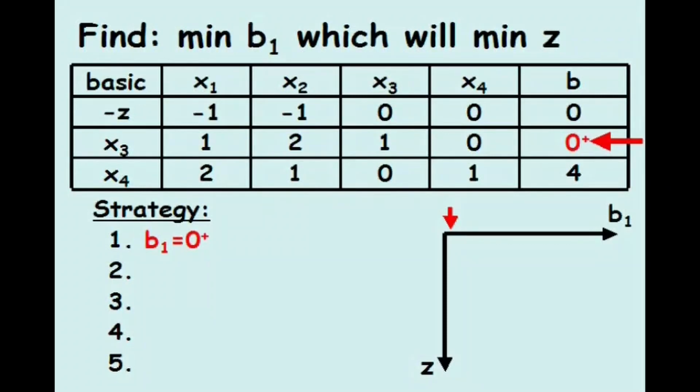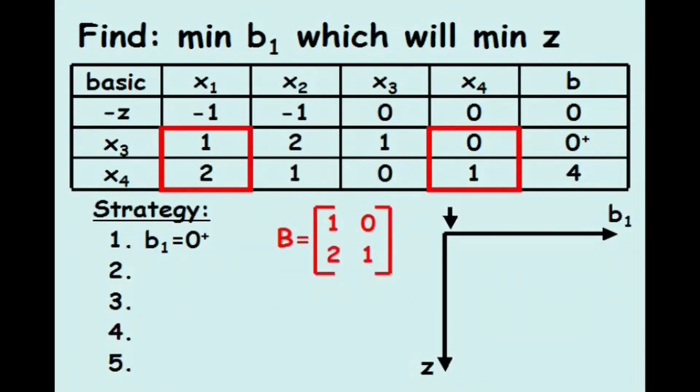If we select x1 to enter the basis, it will replace slack variable x3 and an optimal solution is found. This makes variables x1 and x4 basic, and the B matrix equals 1, 0, 2, 1.